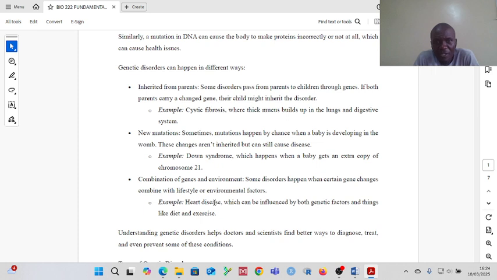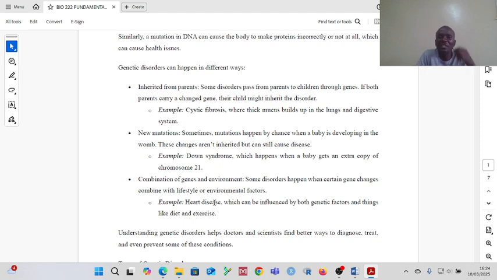Another way in which these genetic disorders can occur is through a combination of genes and the environment. So when certain genes change, and after changing, the lifestyle or the environmental factor where the individual who harbors these changed genes is found, the changed genes can now find a way of expressing themselves.